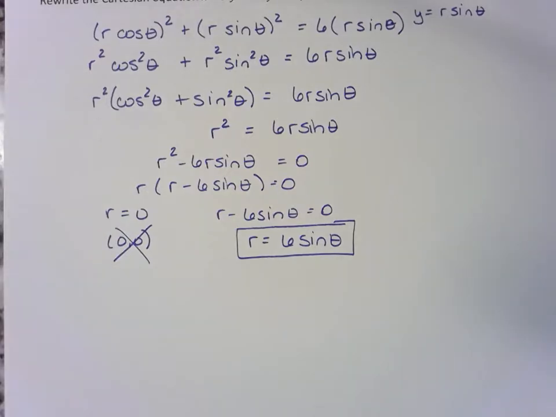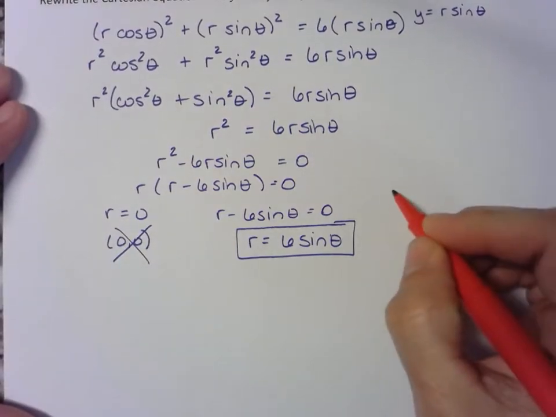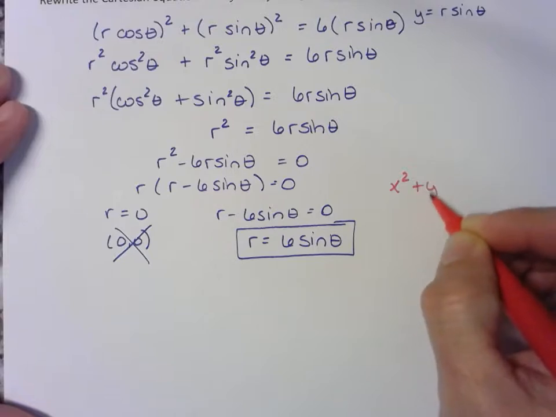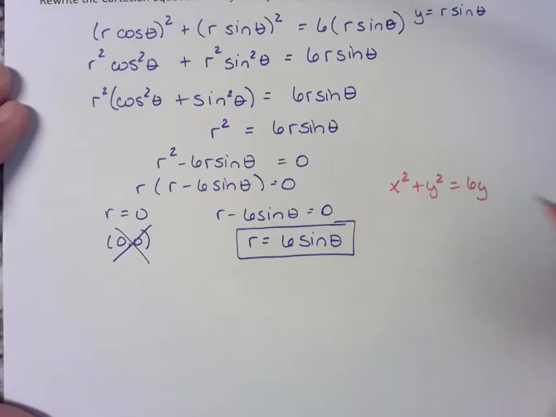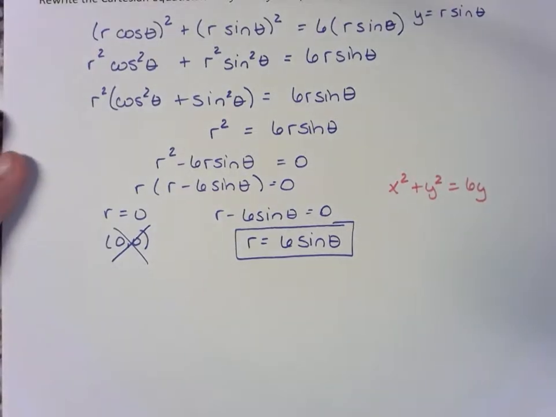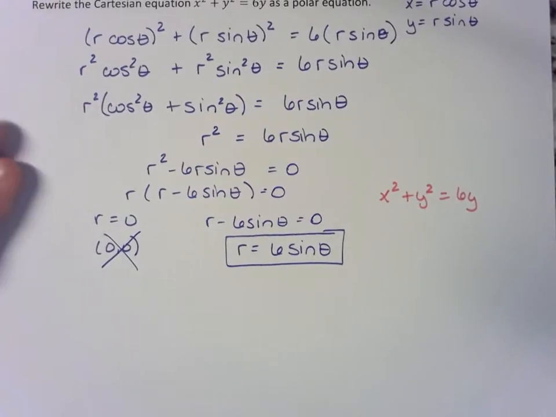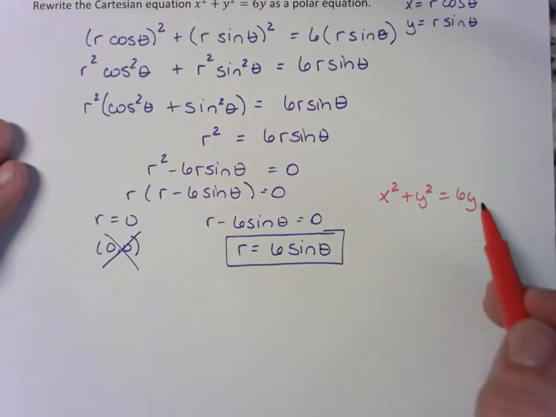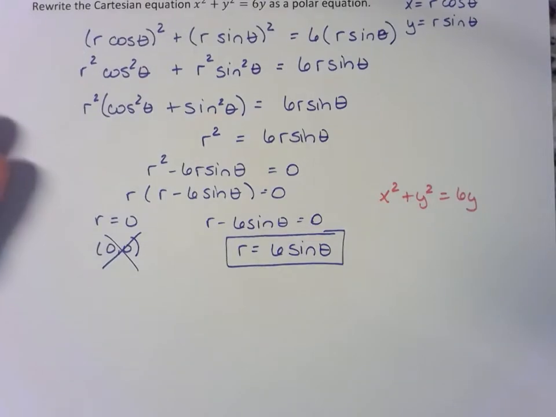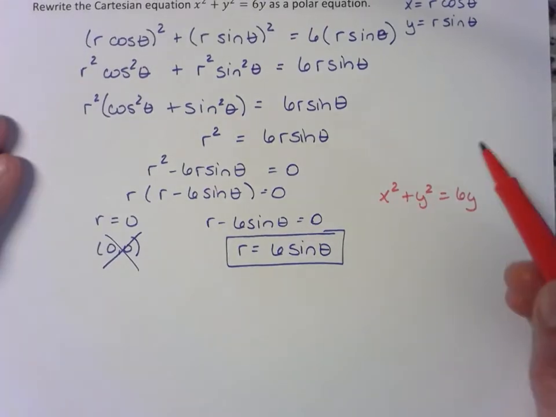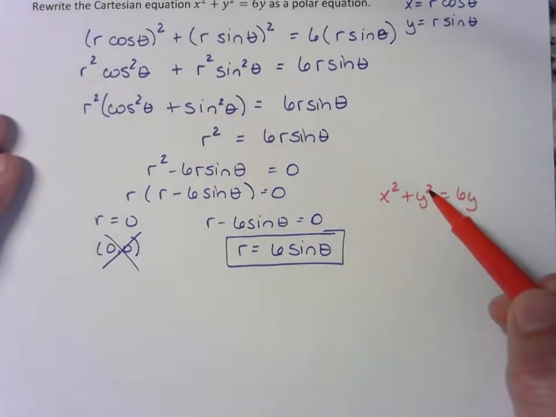So what we want to do is see if these two equations look the same when you graph them. The problem is, whenever you graph a Cartesian equation, you need to have it solved for y, because that's how you put it into your calculator. So we have y's on both sides. What I need for you to recognize is that this y is squared.